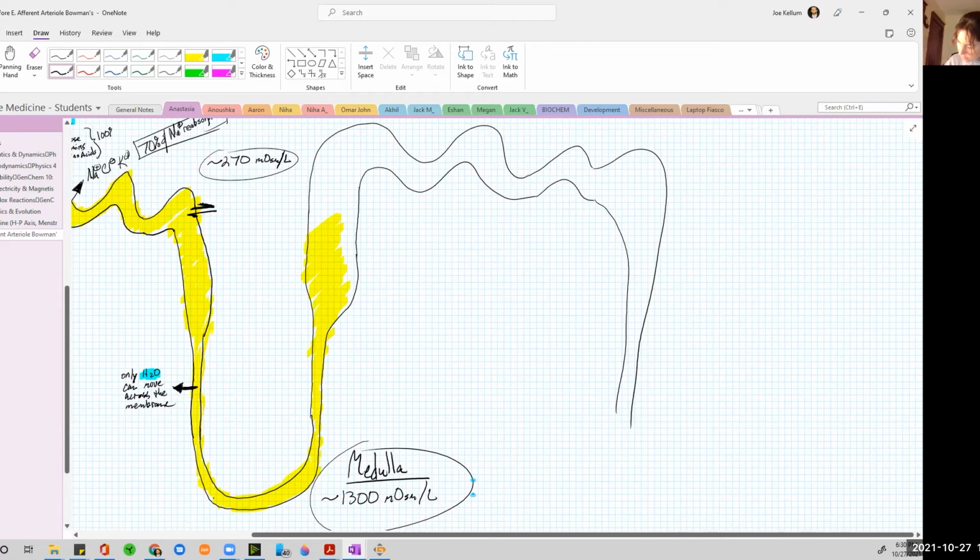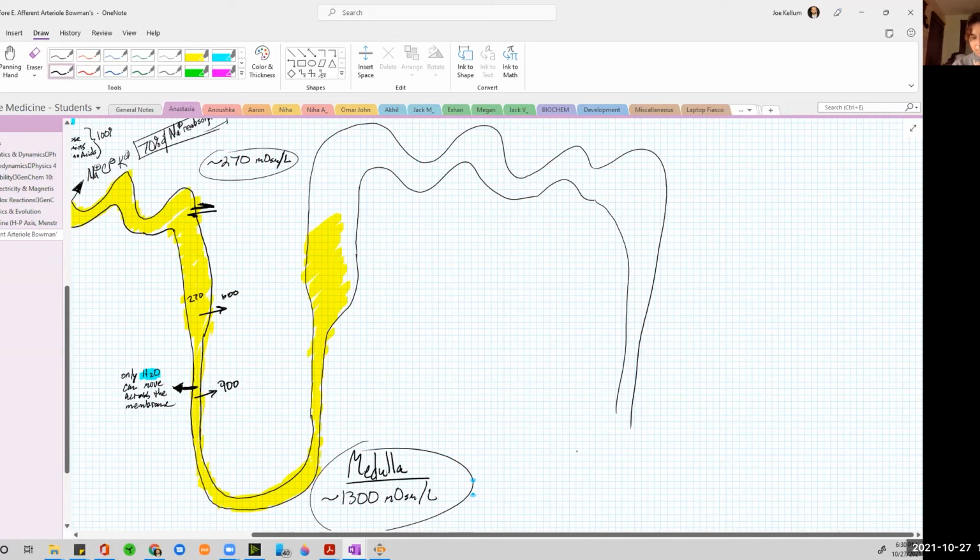But then as you travel down, if this is 270 in here, and this is, I don't know, 600 here, it gets more and more concentrated. So then you're going to get more and more water moving out. Right. Okay, that makes sense.